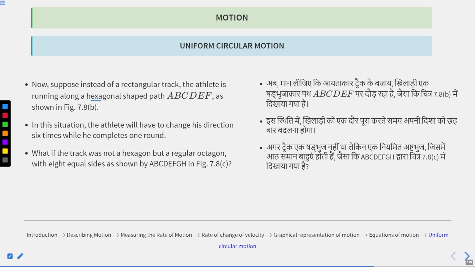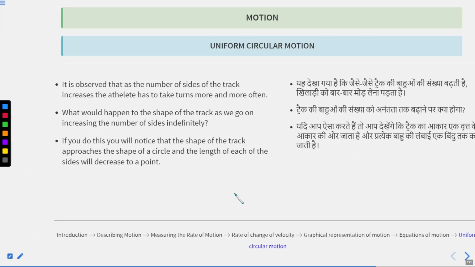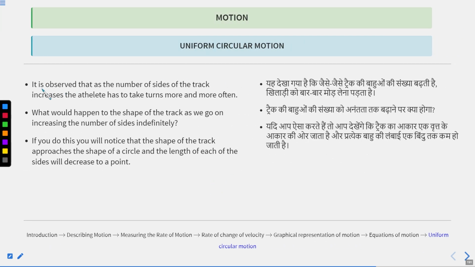When an athlete runs along a hexagonal shape, hexagonal means 6 sides, so 6 times its direction will get changed. At an octagon shape, 8 times the direction will get changed. So it is observed that as the number of sides of the track increases, the athlete has to take turns more and more often.